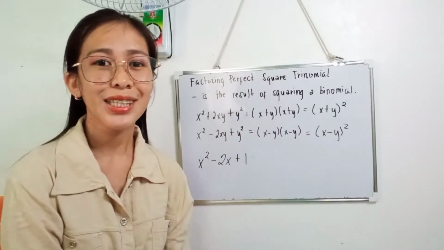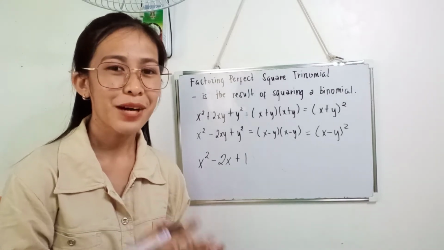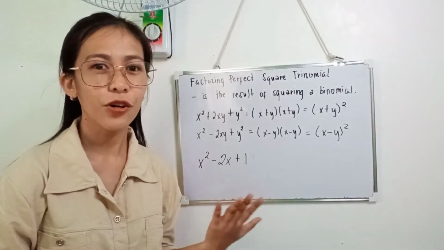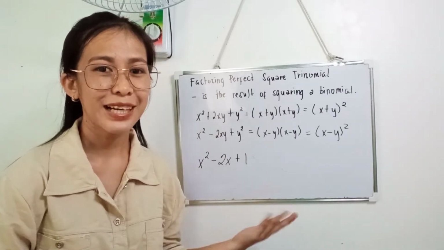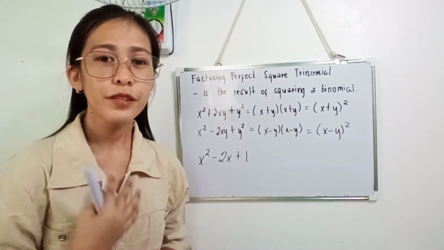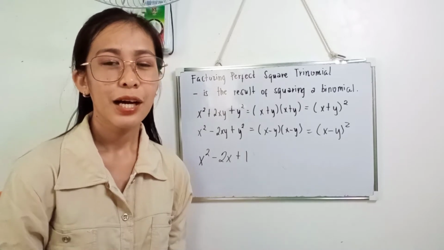So, na-post ko na to sa TikTok and marami din, meron din akong ilan nakita na tama yung sagot and alam nila kung anong tawag dito. Alam nila kung saang lesson to. Yan. And in this lesson nga is magbibigay ulit ako ng definition and of course ng mga examples para mas madali nyo siyang matutunan.